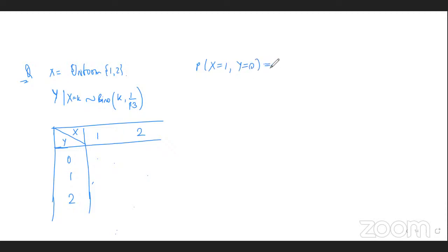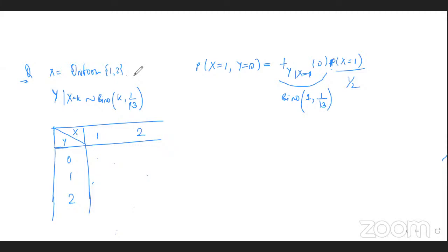Now, if we have to find probability X equals 1, Y equals 0, we can write it as f of Y given X equals 1 of 0 into probability of X equals 1. Correct? This is a binomial distribution with n equals 1 and p equals 1 by 13. And this is going to be 1 by 2 because X is uniform on 1, 2.